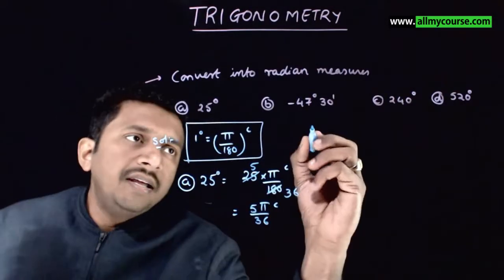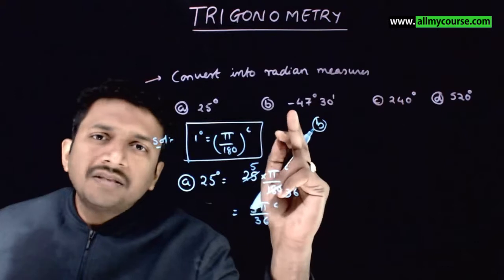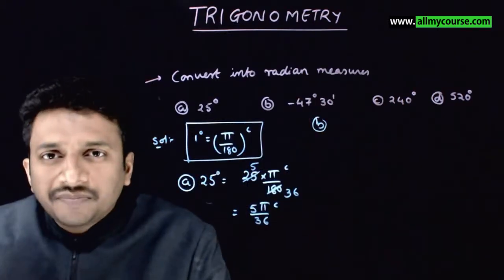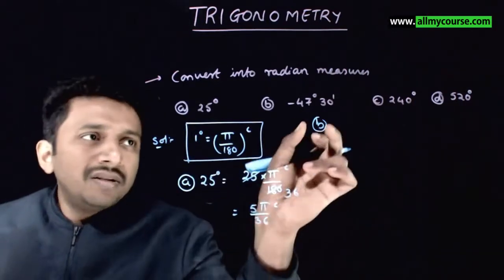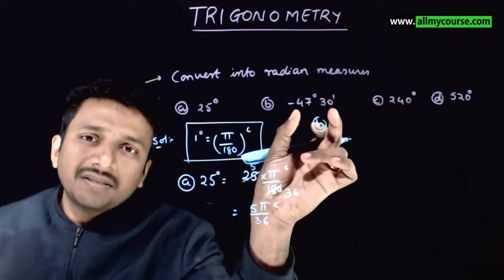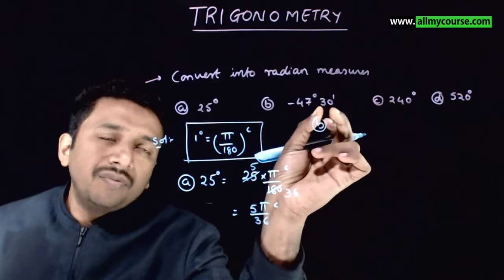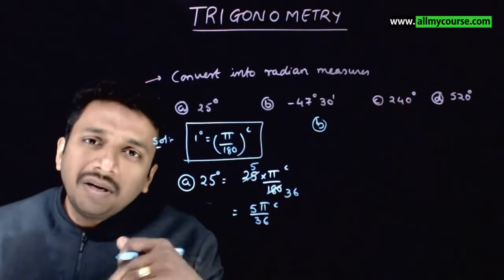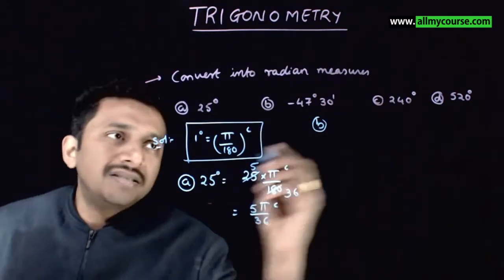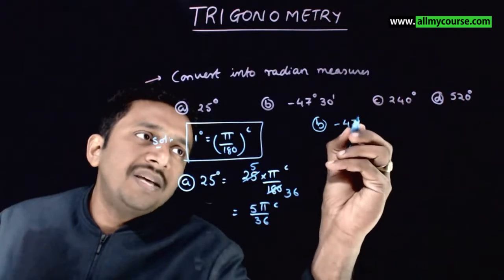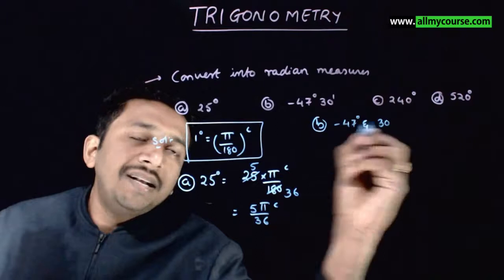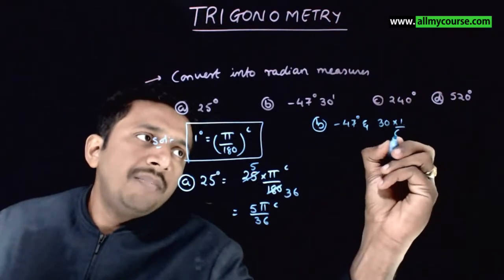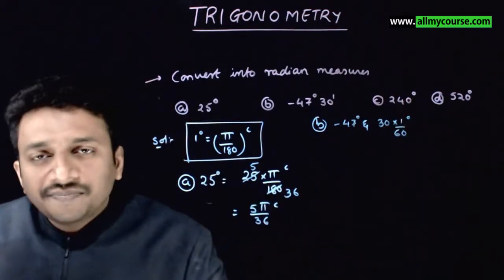So the next angle is minus 47 degrees 30 minutes. Before converting into radians, let us completely convert this into degrees. So we know that 30 minutes is nothing but 30 by 60 degrees, right? So minus 47 degrees and 30 minutes is 30 times 1 by 60 degrees.